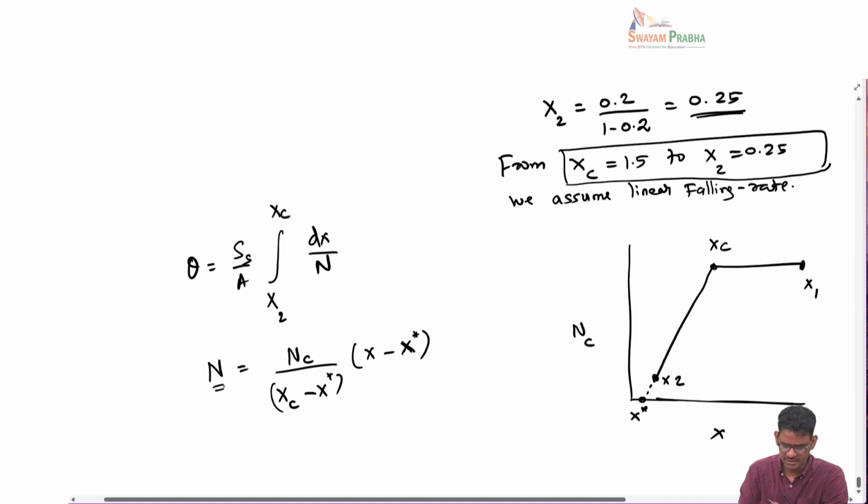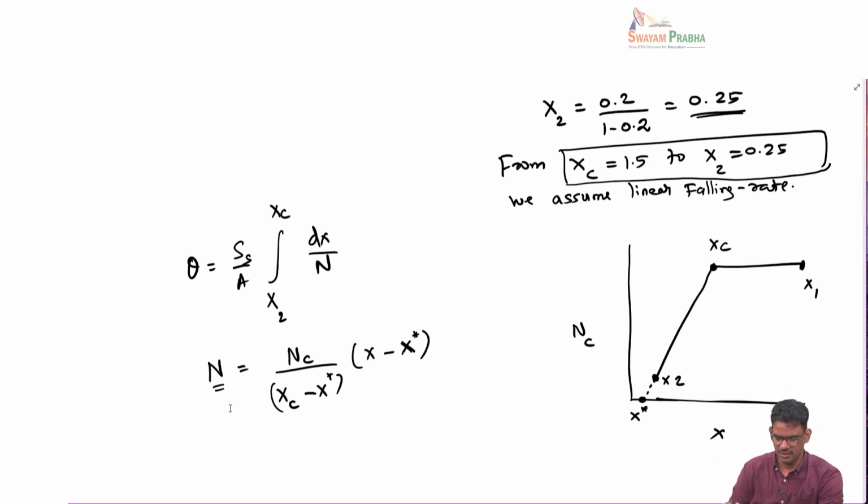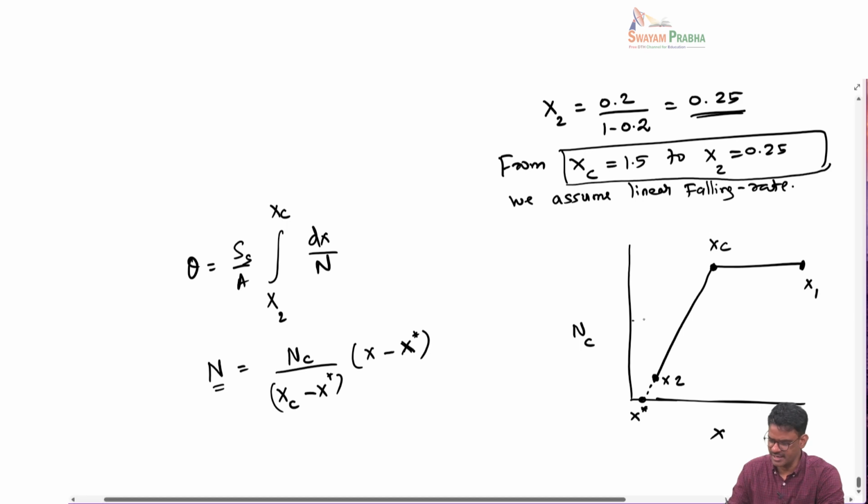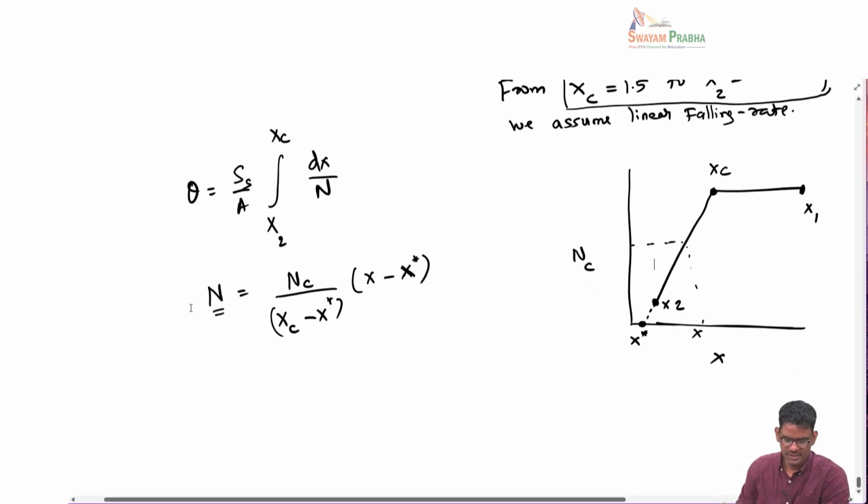So this n here is the equation that describes the linearity between XC to X star. NC by XC minus X star is the slope of the line, and X minus X star is the difference from the equilibrium value. For any x, you can find n from here. So now we can substitute this and then integrate this out, and then I'll give the final answer. This is something you can test later on.